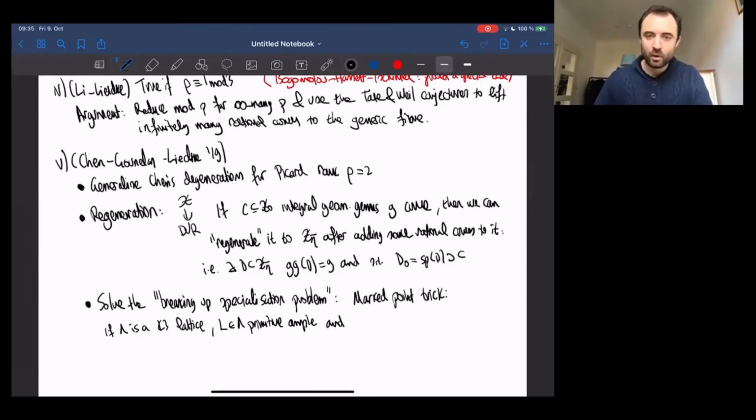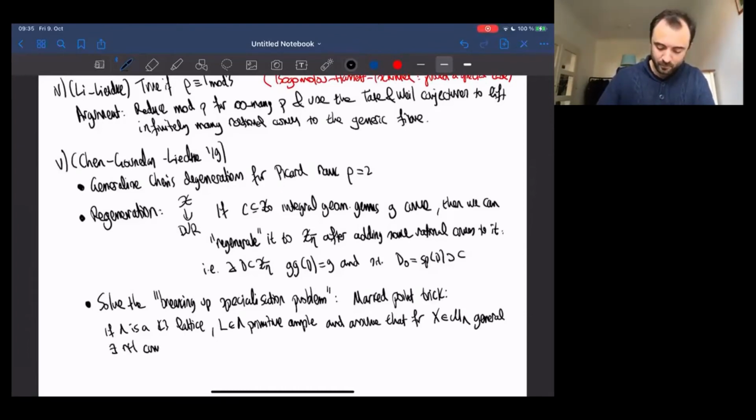And assume that we know that for X inside the moduli space of lambda polarized K3s general, there exists a rational curve inside this primitive ample class L. Then the same thing is true for an arbitrary K3 inside this moduli space.